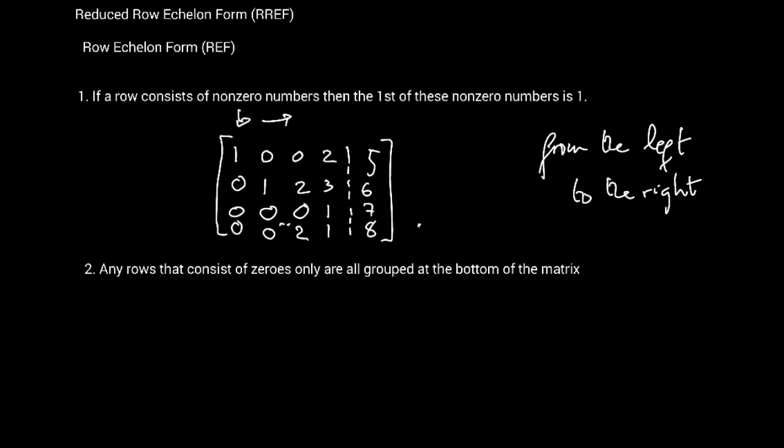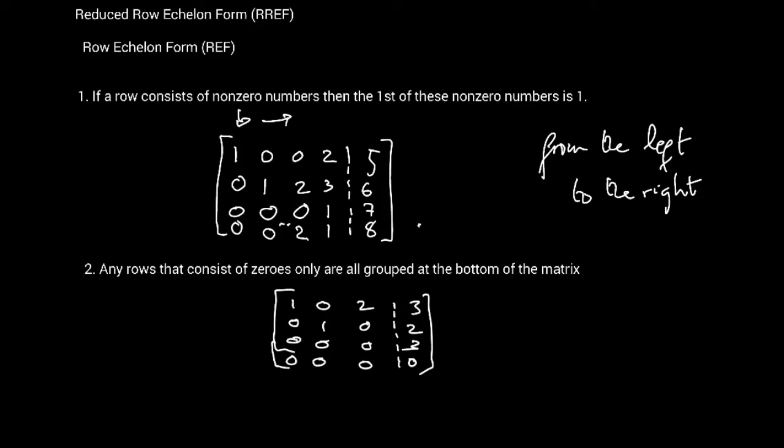So second property: any rows that consist of zeros only are all grouped at the bottom of the matrix. Let me give you a quick example here. You see these are down here, so you can see that they've been grouped down. So this would be in REF form, or RREF, both.